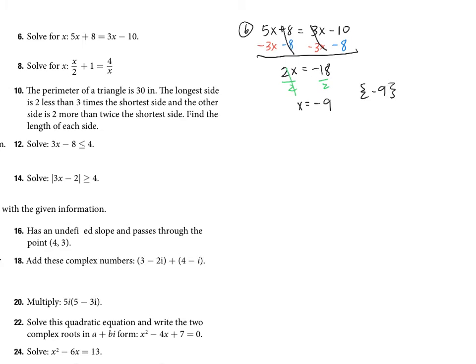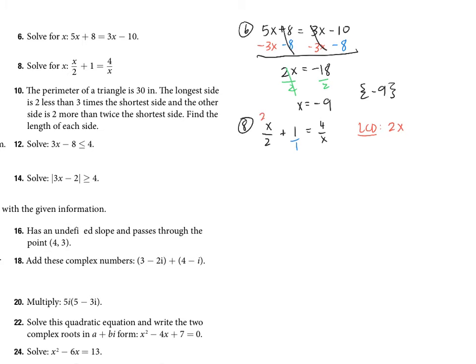Okay, number 8, we have solve for x. So we have x over 2 plus 1 is equal to 4 over x. So 1 we can treat as a fraction. Remember, we can put that over 1. To find our LCD, we want to use each unique factor in all of the denominators and multiply them together. So we have a 2, a 1, and an x. If we multiply all that together, we get 2x.